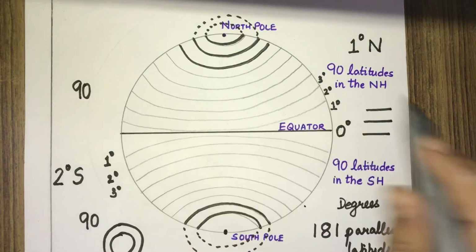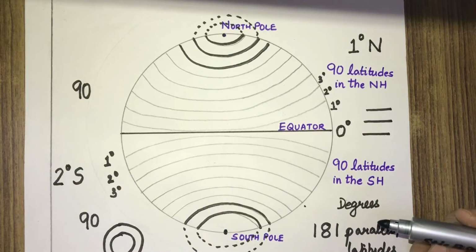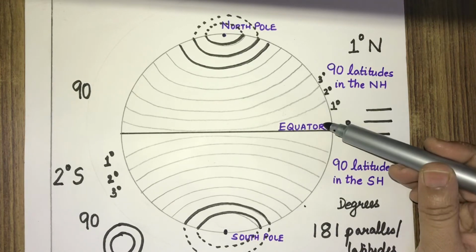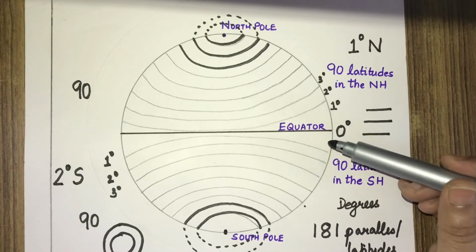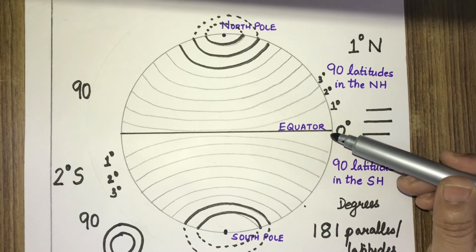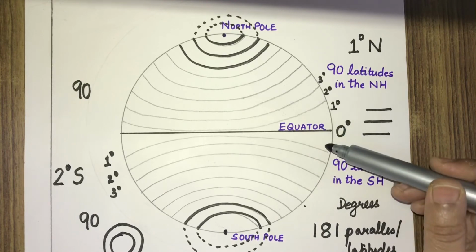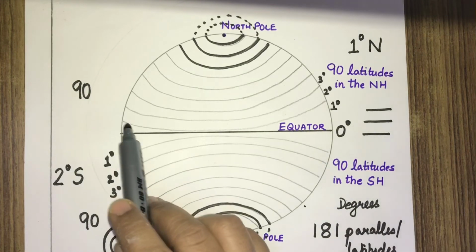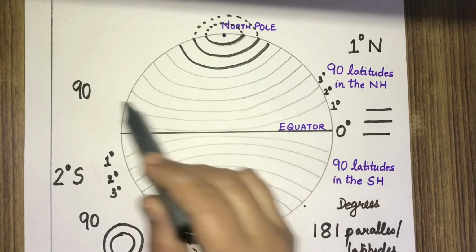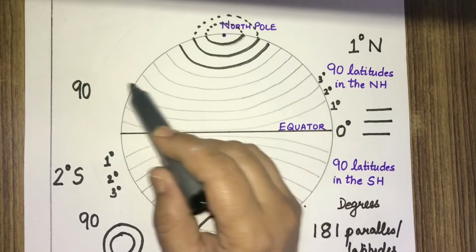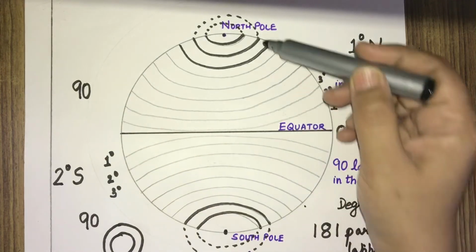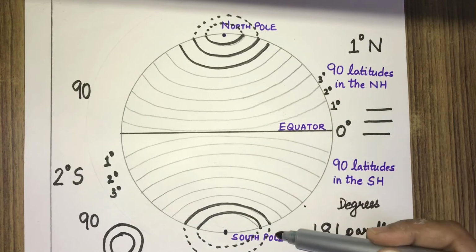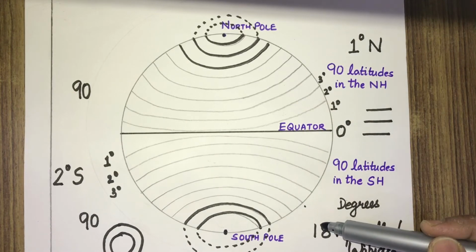Now I will revise whatever we learnt in this video very quickly. First of all, the equator is considered the most important latitude because this is our base or central latitude. Then we start drawing circular lines parallel to the equator. We draw 90 parallel lines in the northern hemisphere and 90 in the southern hemisphere.